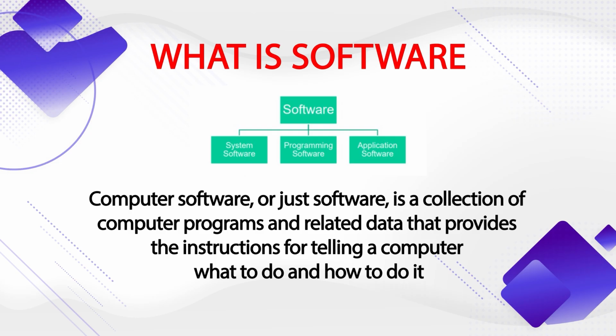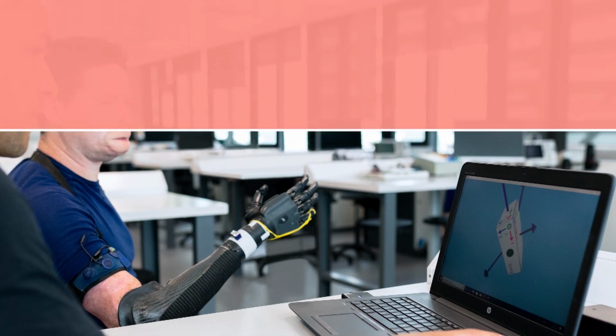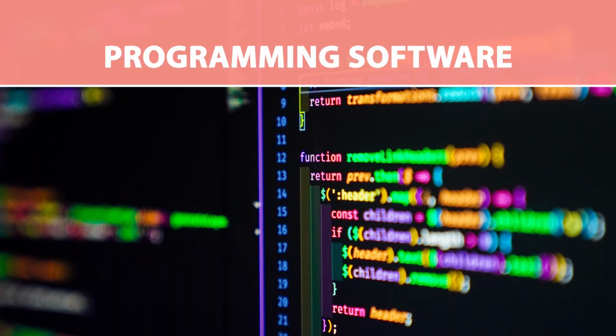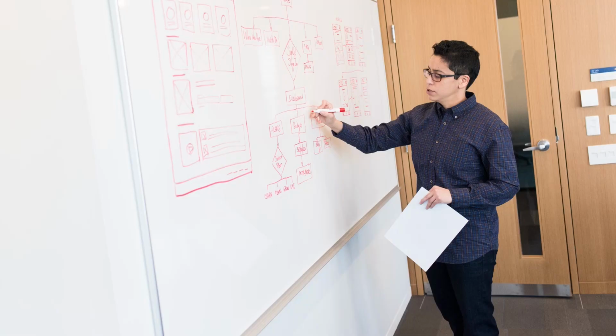So if we bifurcate the term software, when we talk about computers and the smartphone, which is a new kind of computer, it is equipped with hardware and software. The software is again bifurcated into system software, programming software and application software. We have a separate session on system software and programming software, and here we concentrate on application software.